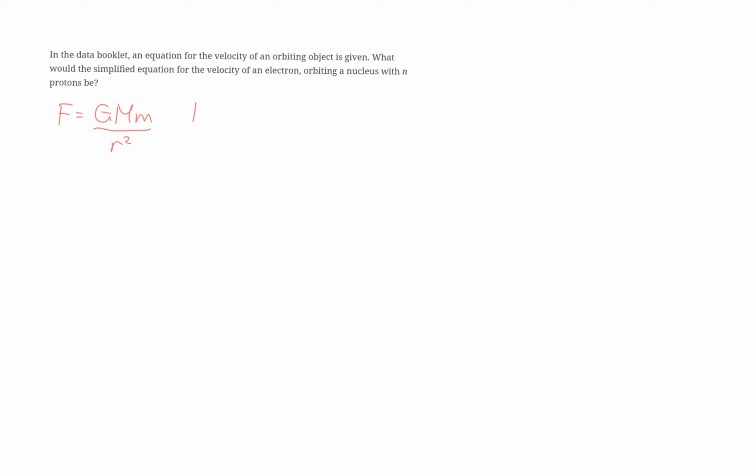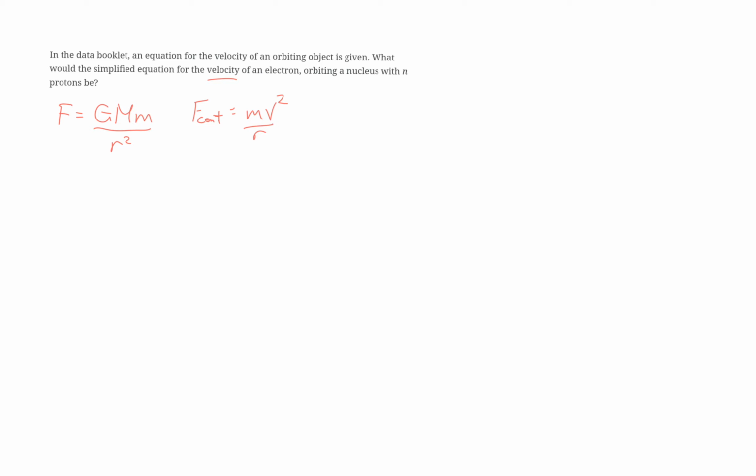And our general formula for centripetal force, there's a few of these, but mv squared upon r is going to be really good for this one because we want to find velocity, and that's shown just there.